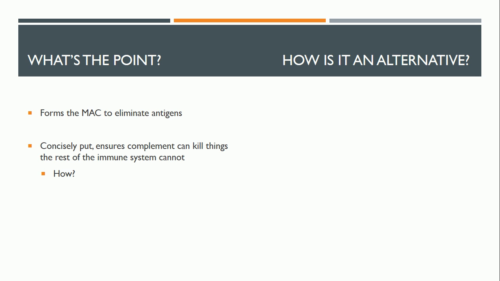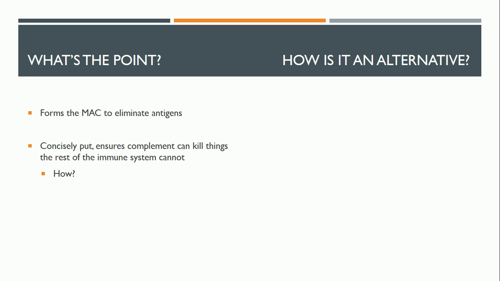So in the alternative pathway, the real defining point here is that we aren't going to be using either of those. This is all interrelated in that the membrane attack complex can still form through all three pathways. But the difference is how the pathway will start, right? So what's the real difference?